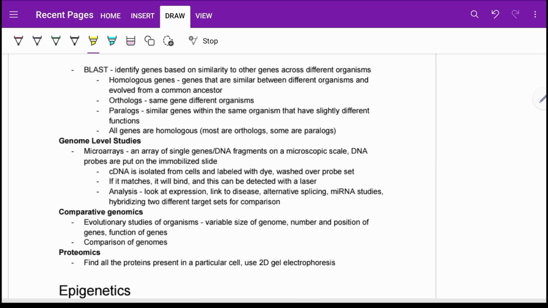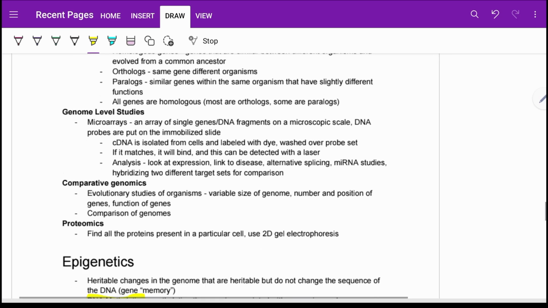And we can also find genes within the same organism that are basically the same, but have slightly different functions. All genes are homologous because all of them have to come from somewhere. If you look at phylogenetic trees, we can see that our homologous genes would be the genes that came from the organisms that these organisms most recently evolved from.